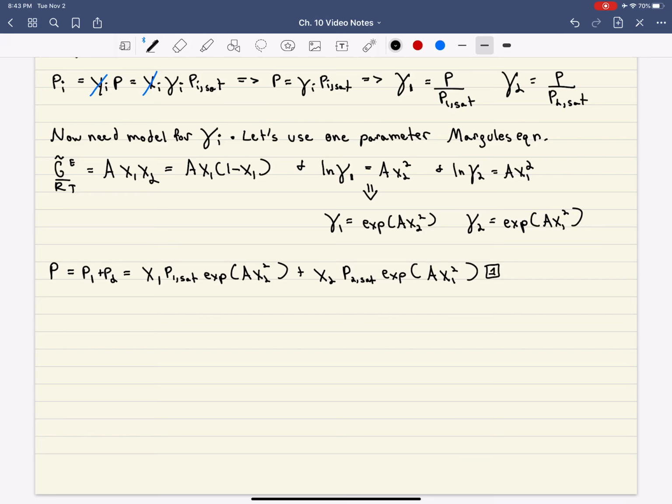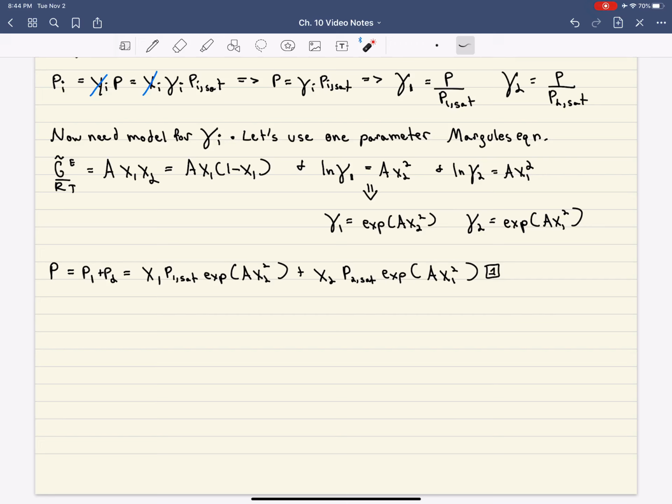If we were given a total pressure, perhaps we could solve for an x1 value or an x2 value that would correspond to the azeotrope. But we could do one better.